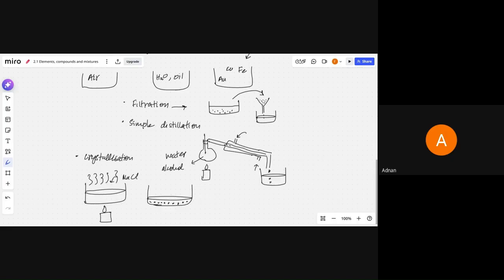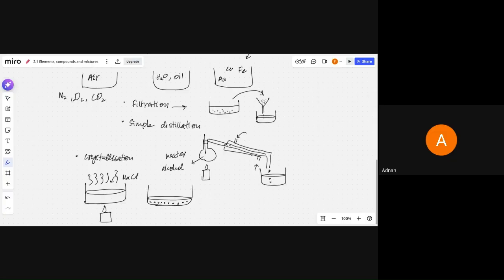To explain more about mixtures, the chemical properties of each substance in the mixture are unchanged. For example, air consists of molecules such as nitrogen, oxygen, and carbon dioxide, and they exist independently.